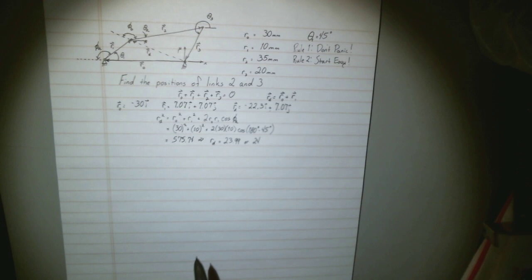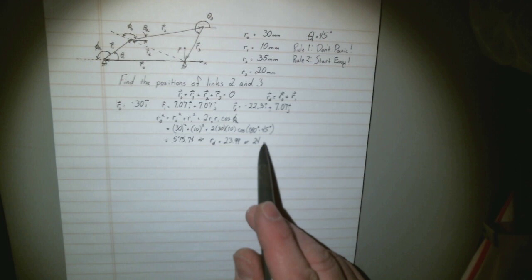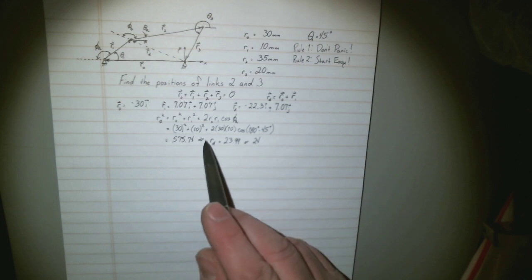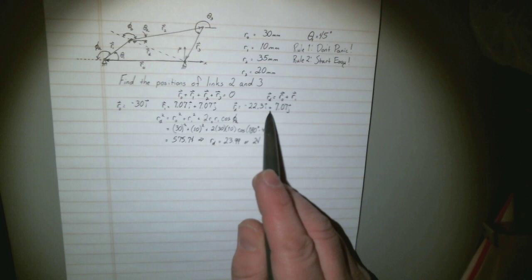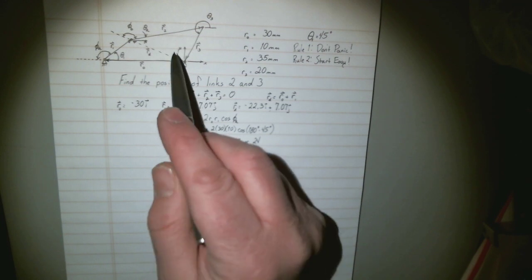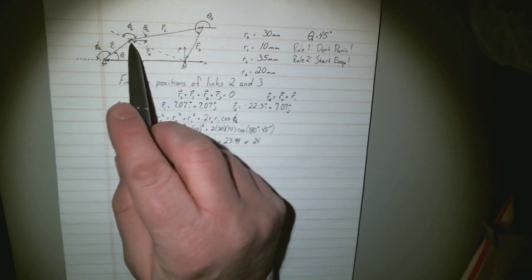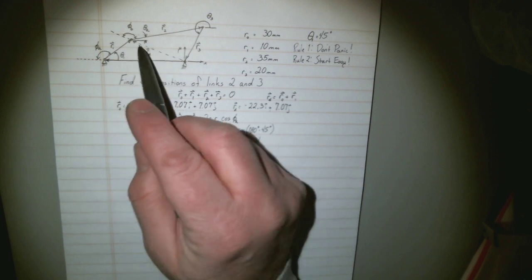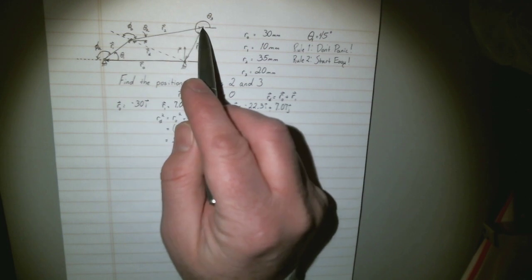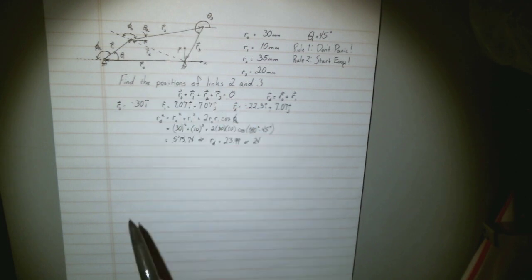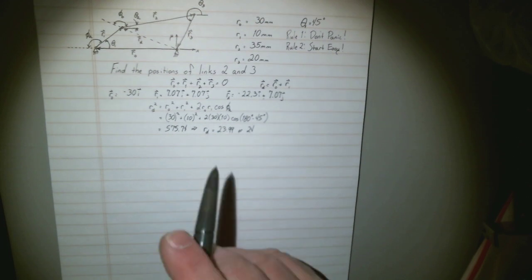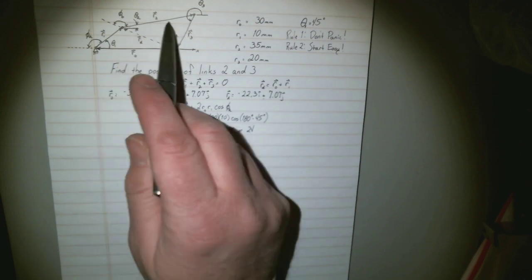Now we can take advantage of the fact that we know r sub d. Remember that these are all vectors. So with this full definition of r sub d right here, and a magnitude here, we can use the fact that r sub d plus r sub 2 plus r sub 3 is equal to 0. That should be evident from these vectors that we've drawn.